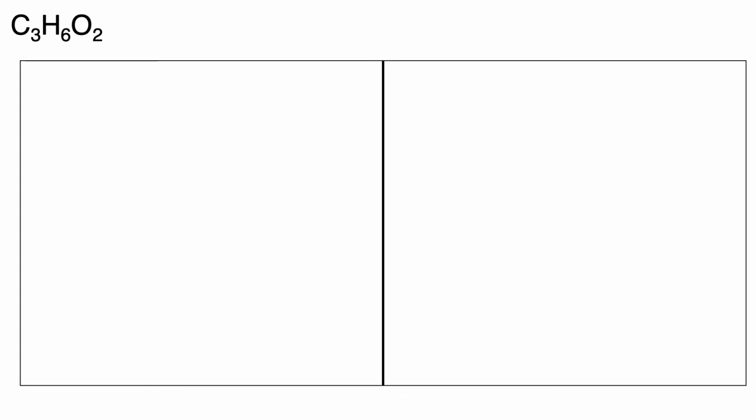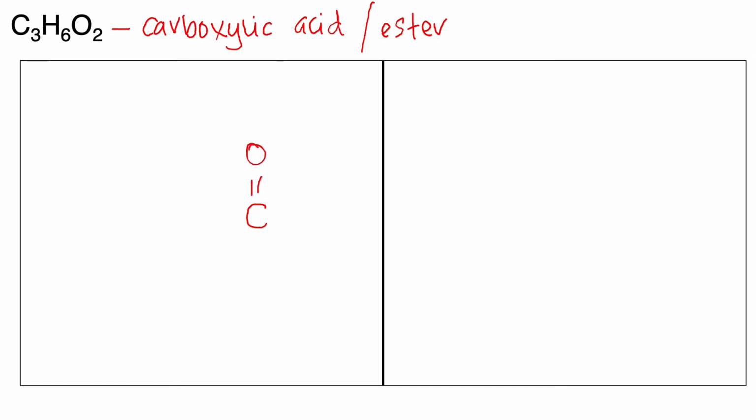Okay, lastly we have this. This one is for carboxylic acid, and also we can construct ester. So macam mana? Kita ada ni C3H6O2. So let's construct like this.